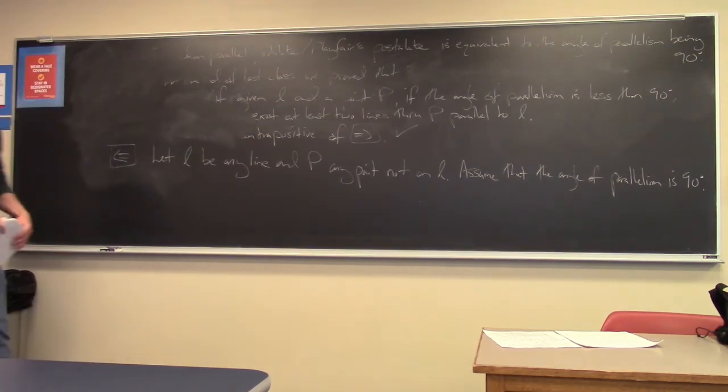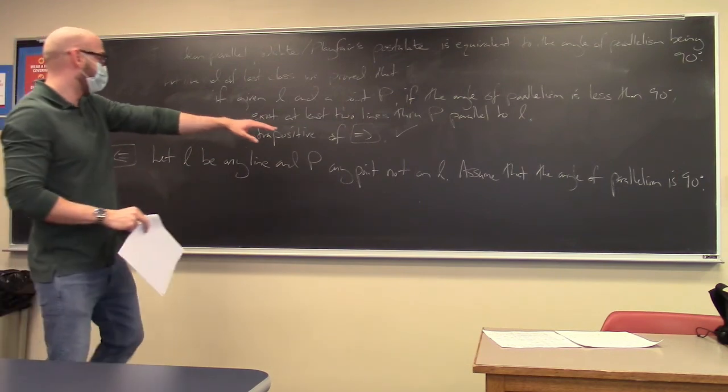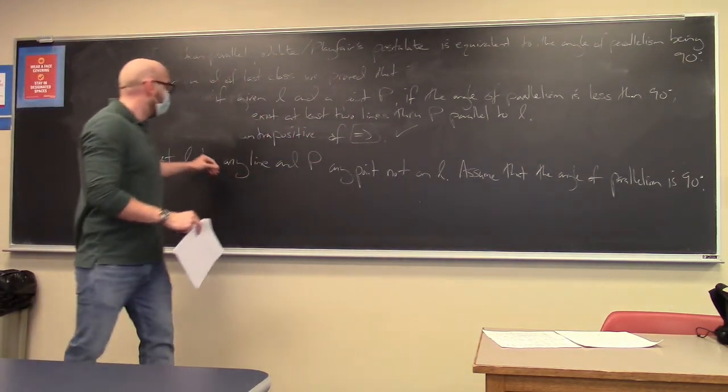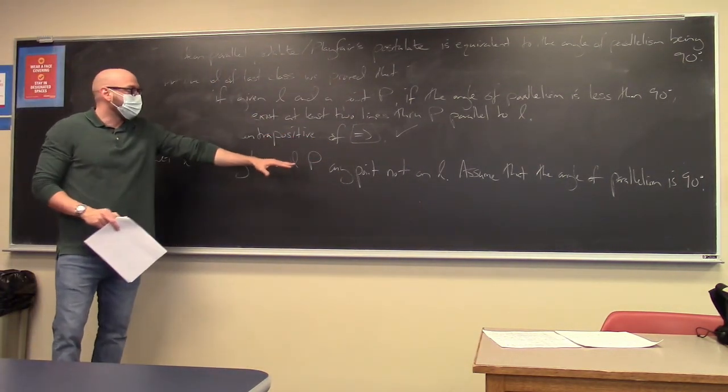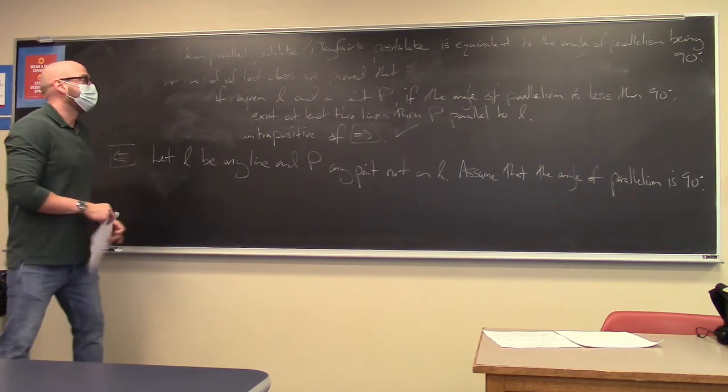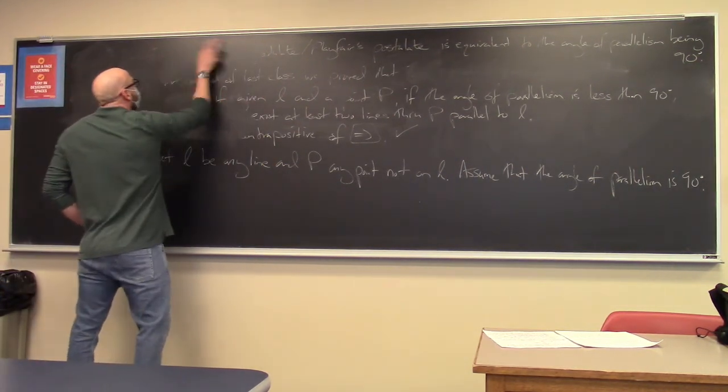And so we want to show if the angle of parallelism is 90 degrees, then given this line and point pair, there's exactly one line through P that's parallel to L. That's the Euclidean parallel postulate.